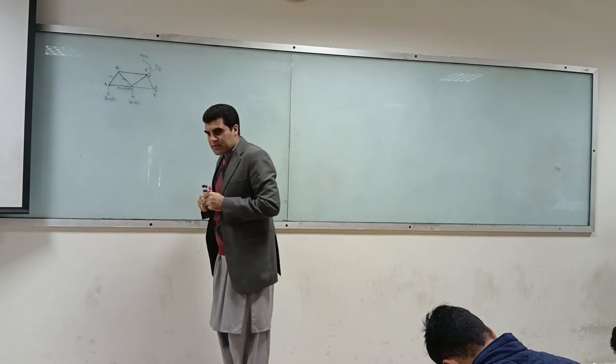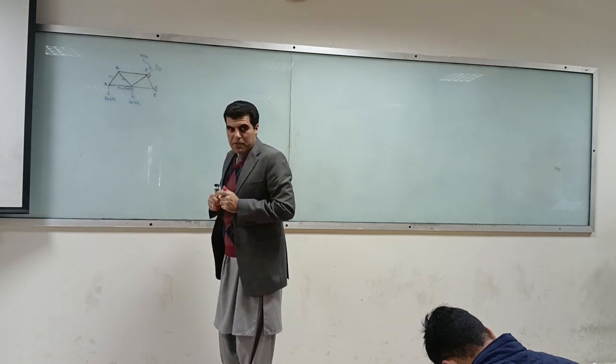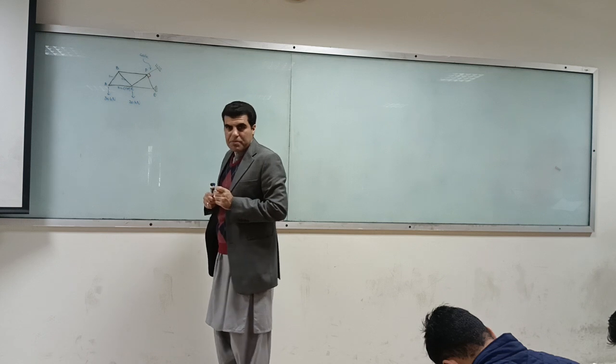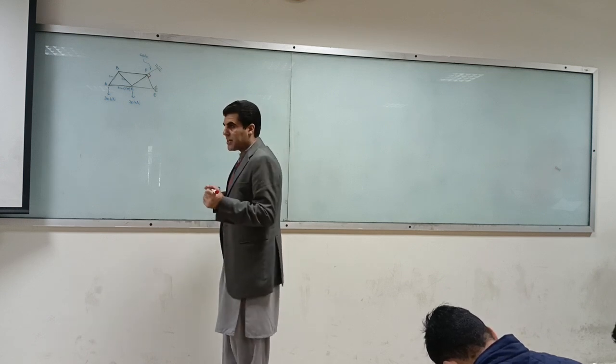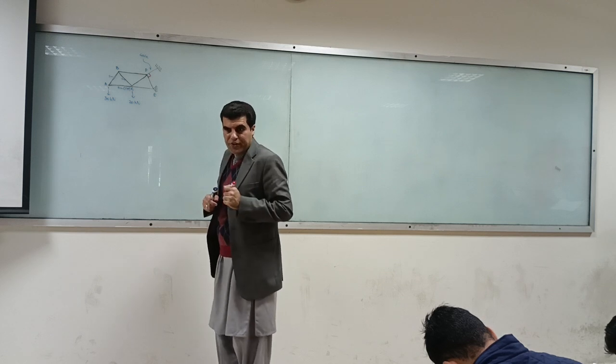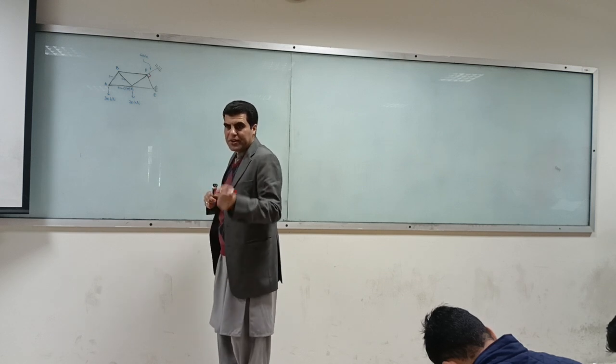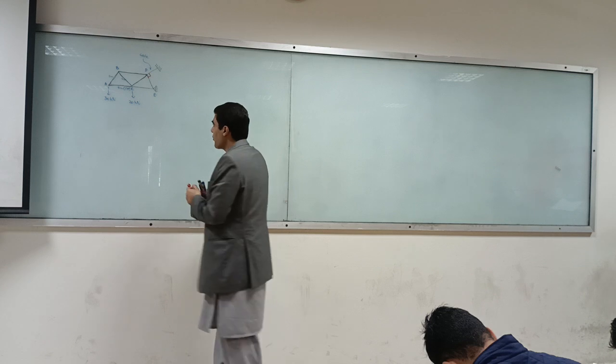Okay, so first of all, we apply our equation b plus r is equal to 2j. Let's first find out what sort of structure it is: determinate, indeterminate, stable, unstable.